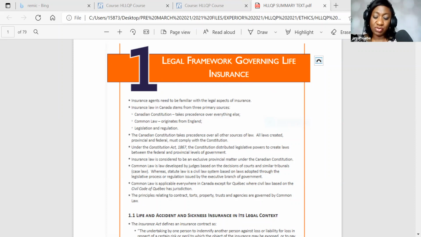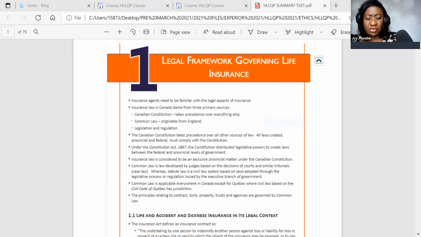An insurance agent needs to be familiar with all these legal aspects of insurance, and the insurance law of Canada has three primary sources. This may not come out in the exams, but just for your knowledge, we have the Canadian constitution, the common law, and of course the legislation and the regulations. I'm not going to go into details of the Canadian constitution. I haven't seen any question relating to that area, so I'm not going to dig deeper into that.